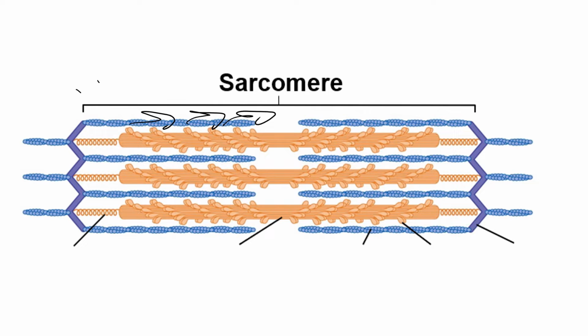And since force is proportional to the number of myosin heads bound to actin, this would translate into a reduction in force production when the sarcomeres are shortening at a high velocity. Now, if the actin filaments move over the myosin filaments at a very slow rate, in theory, this would give more myosin heads an opportunity to bind to the actin filament, and thus more force would be produced.